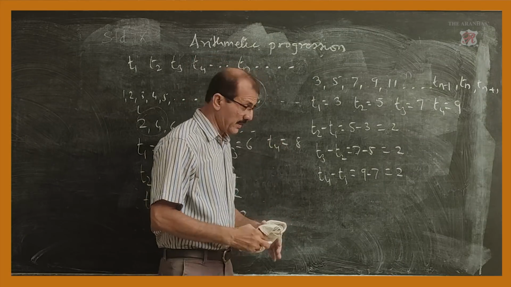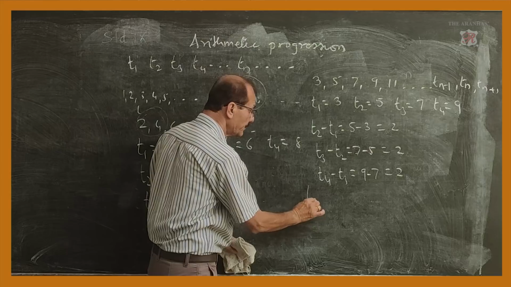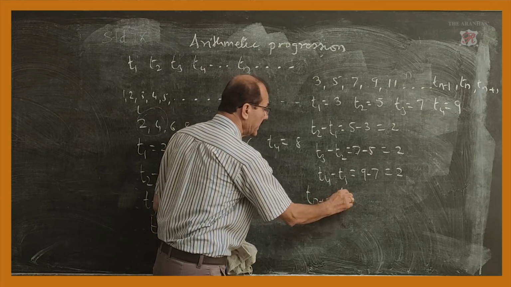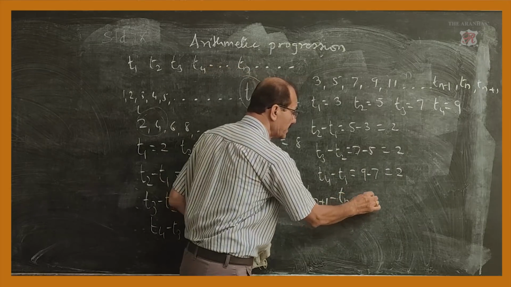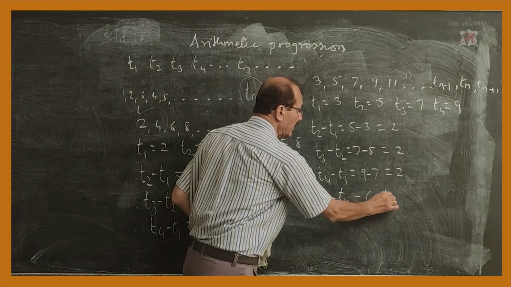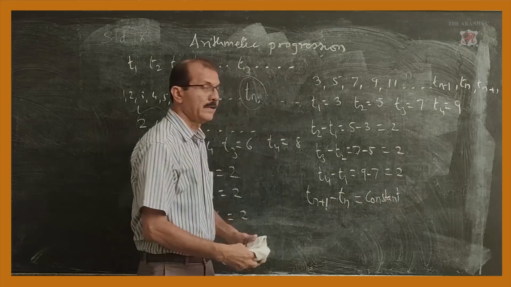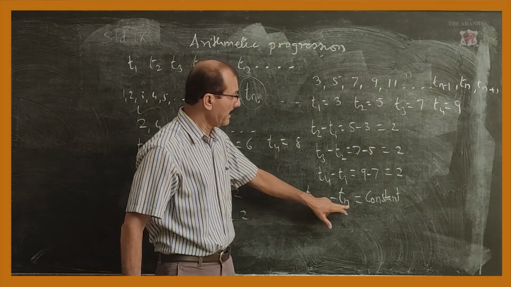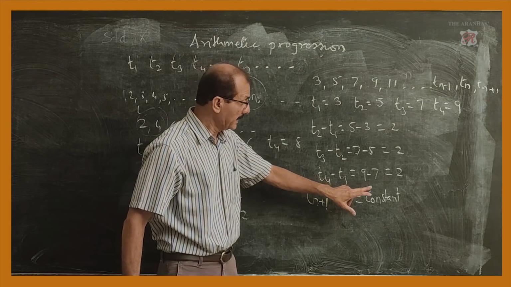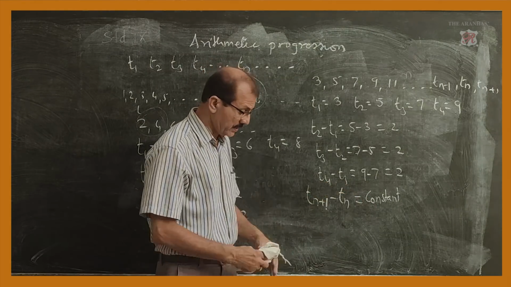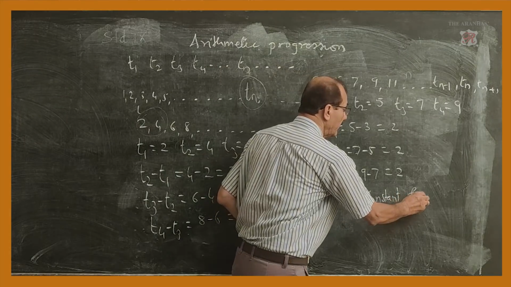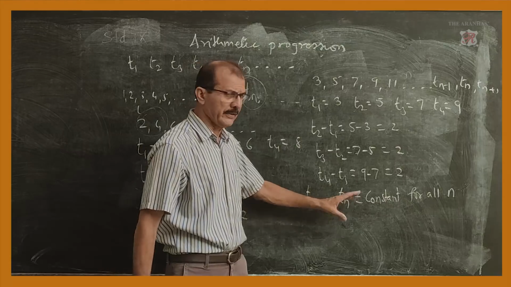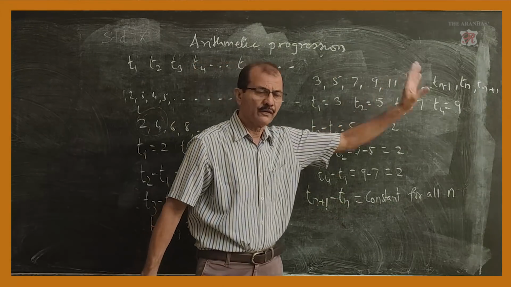So in general, if you find Tn plus 1 minus Tn, if the difference is constant for all n, means n you take any value, 1, 2, 3, 4, 5, 6.